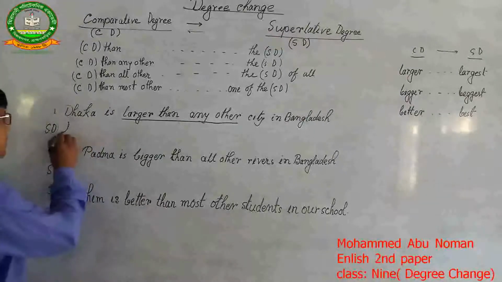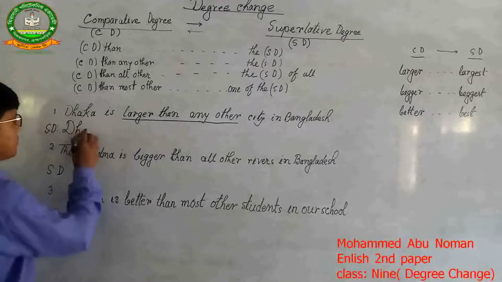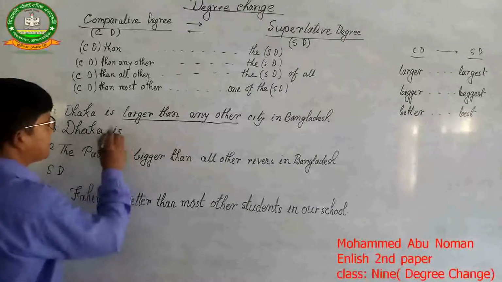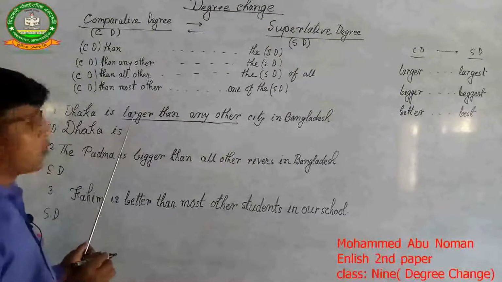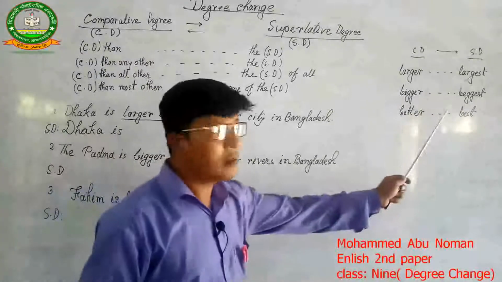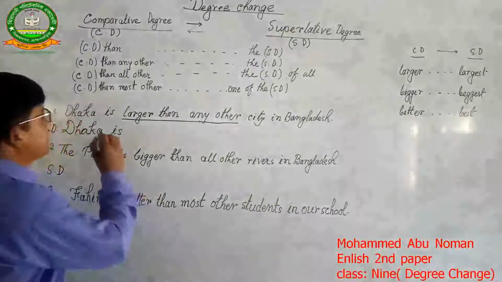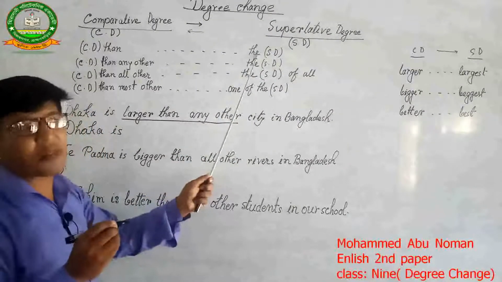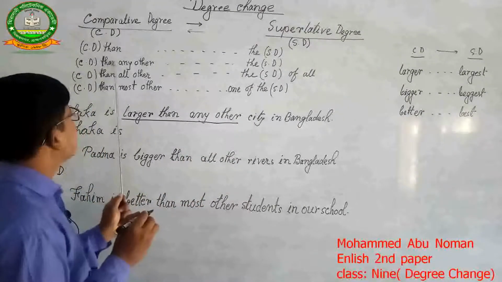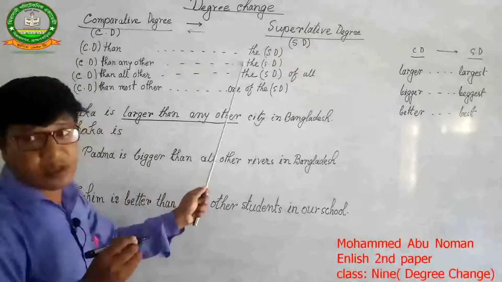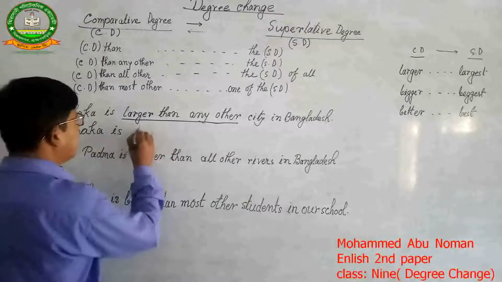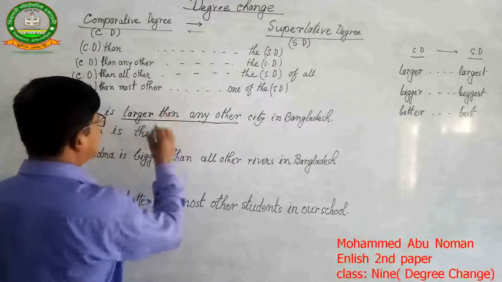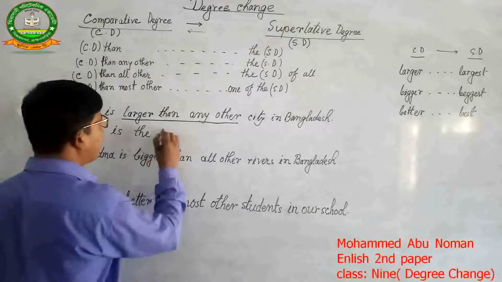Here Dhaka is the superlative form of larger, largest, and according to the superlative degree sign we will use "the" here. Then, in place of "than any other", we use "the" with the superlative form largest.